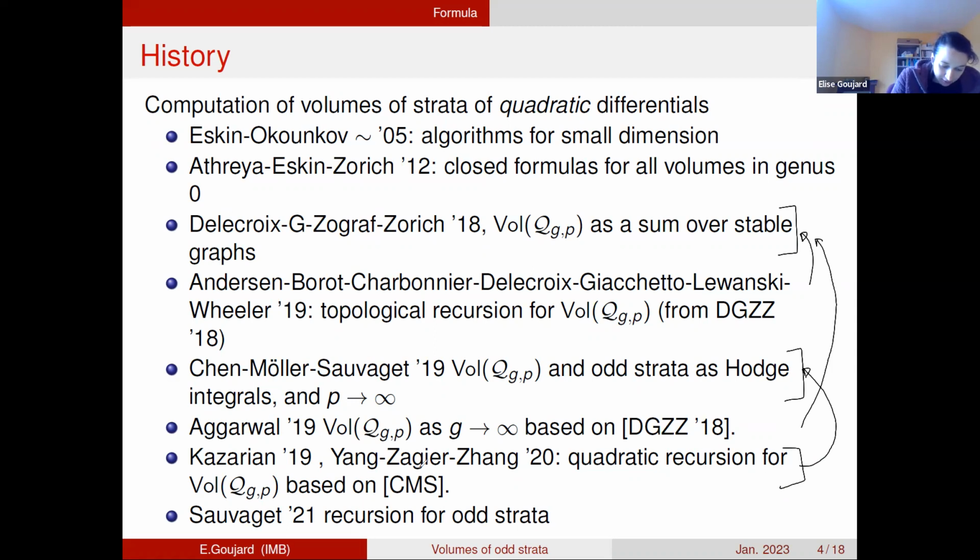Kazarian and Yang-Zhang were able to derive a quadratic recursion for the volumes based on this work. And there is a work in progress, I think, by Masur-Veech, that gives a recursion for odd strata. So a lot of work, and the formula that I will present today is the generalization of the work of Delecroix, Goujard, Zograf, Zorich, and myself.